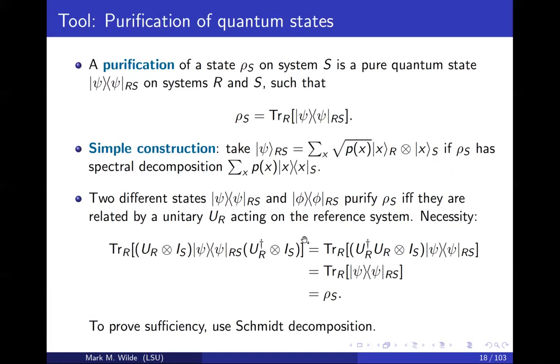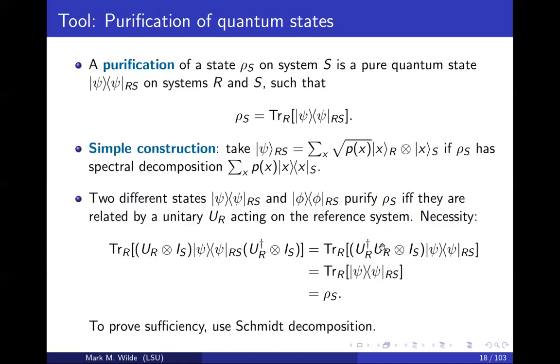Partial trace also obeys a cyclic property. When we talked about trace, I didn't mention that, but it's a property that trace obeys. Since U is acting only on the reference and is tensored with the identity here, the cyclic property means we can bring U dagger from the right over to the left.